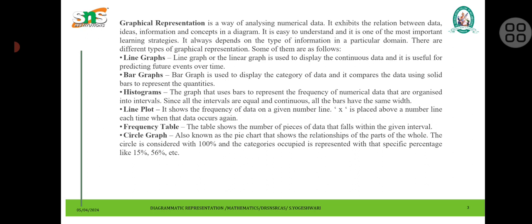So graphical representation is the way of analyzing numerical data. It exhibits the relationship between the data, ideas or concepts in a diagram. There are line graphs, bar graphs, histograms, line plots, frequency tables and circle graphs, along with their definitions.